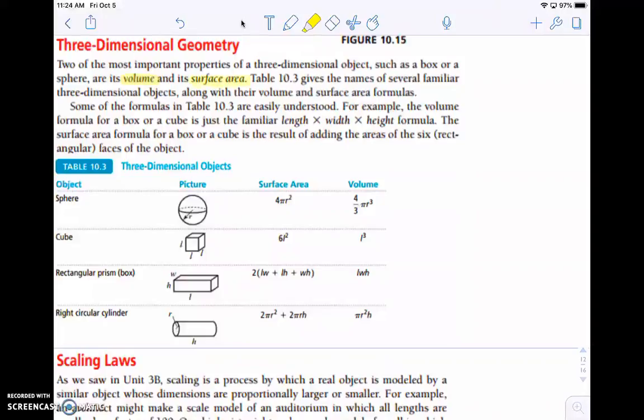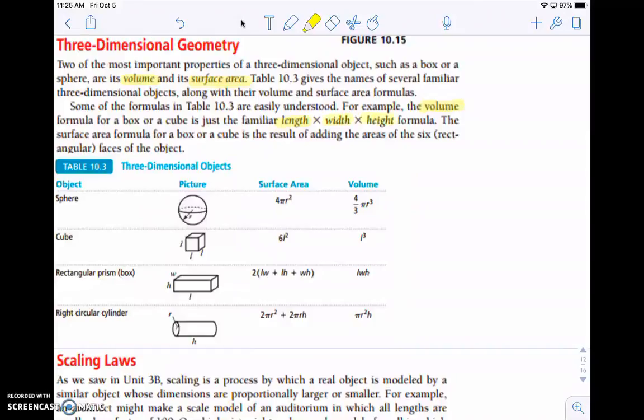And then the surface area is just the area of the exterior of the surface, or of the figure that you're looking at. And so here, 10.3 gives us the names of several familiar 3-dimensional objects along with the formulas for volume and surface area.